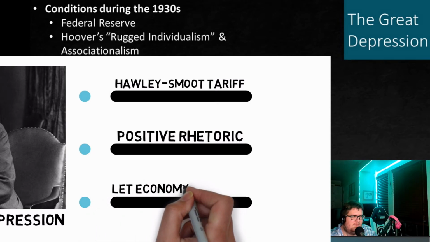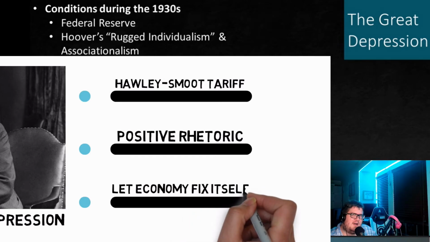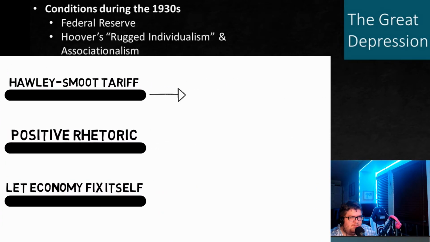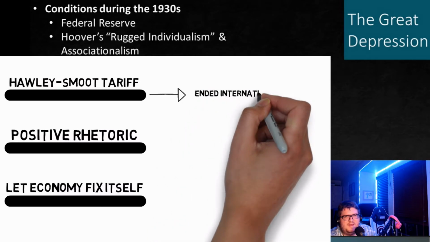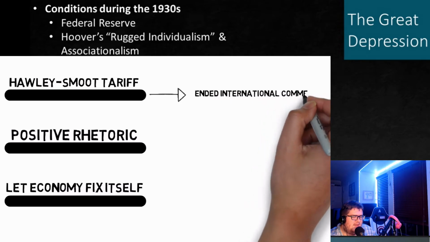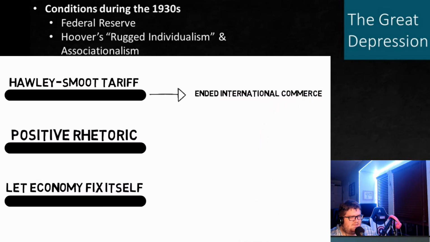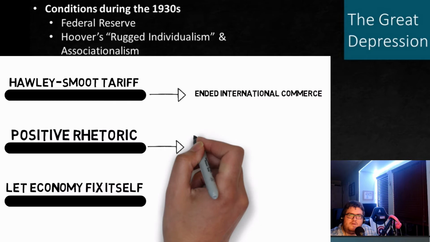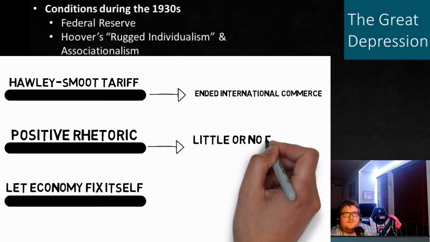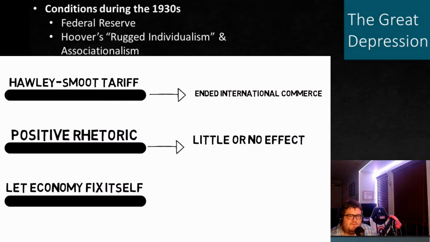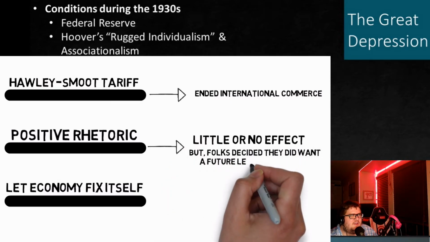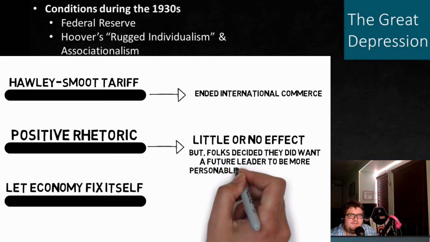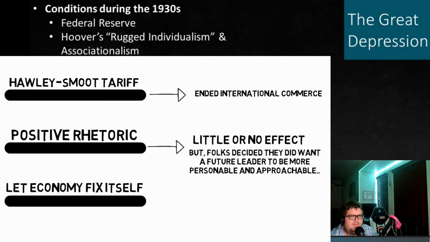is the best solution. For instance, he wants the economy to fix itself through businesses, through associations, what we call associationalism. And that's all fine and dandy. The idea of getting large businesses or even small businesses to work with local farmers, to work with local banks, to raise wages of the working class so that they actually have money to pay for this, to convince farmers in certain areas to produce less so that crop prices come up and the new higher wages can afford to buy those.